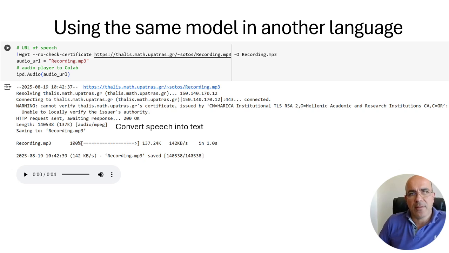The path to the file is stored in the variable audio URL, and IPython.display.Audio creates an embedded audio player within the Colab environment. This allows the user to listen to the speech sample directly in the notebook before running it through the ASR pipeline for transcription.